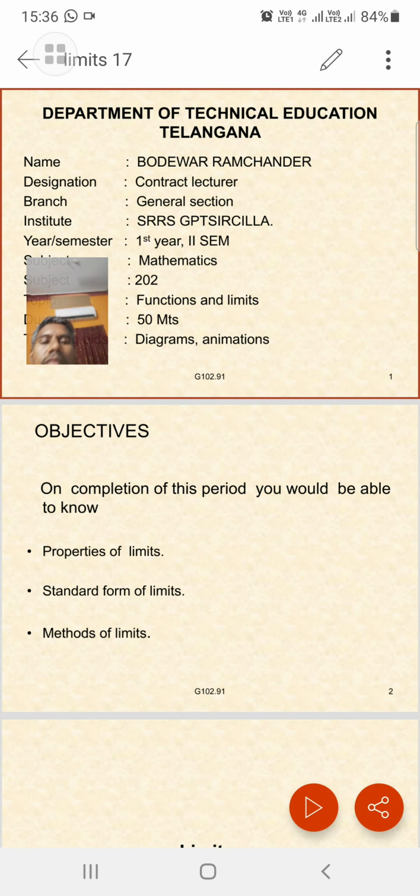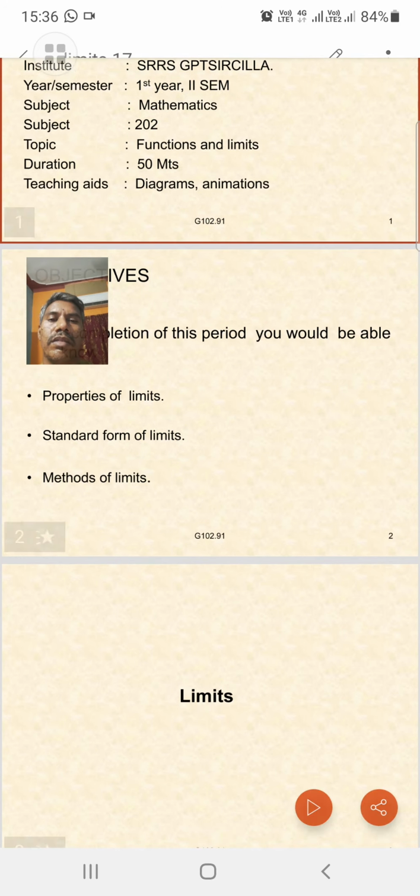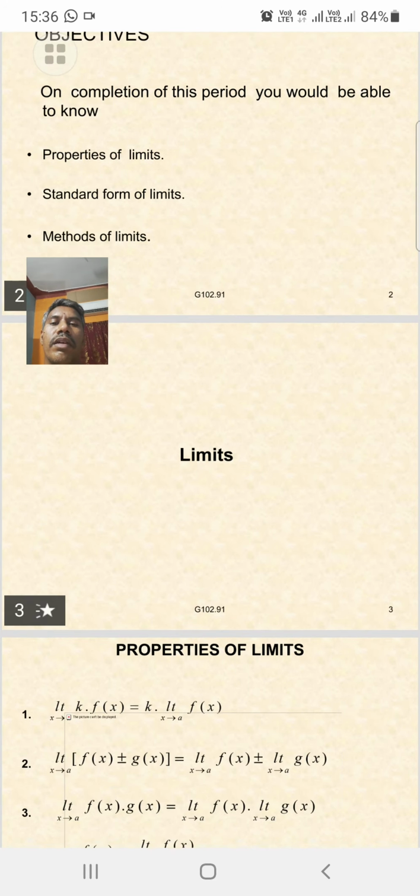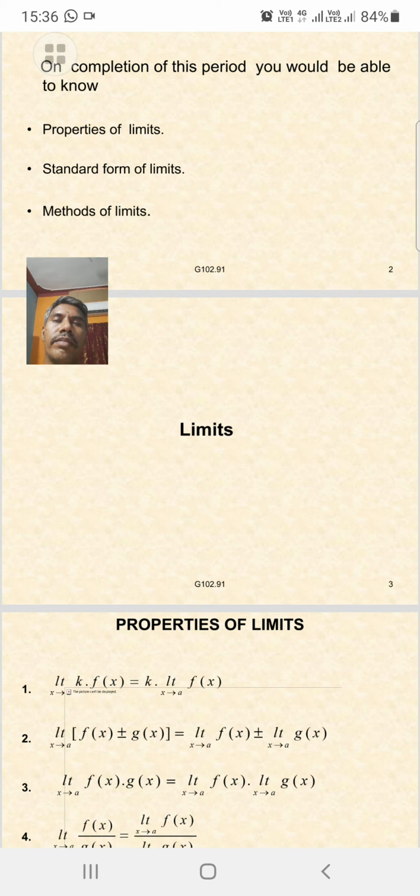So mainly in this class we learned about limits and properties of limits, standard forms of limits, methods of limits.